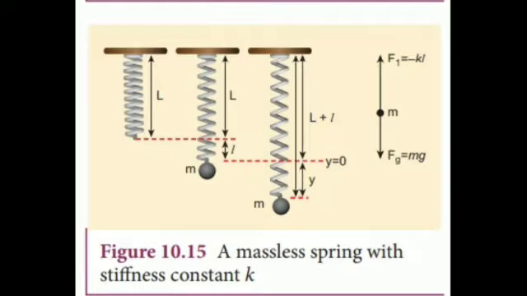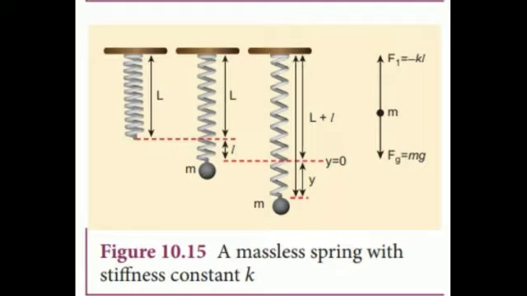Let F1 be the restoring force due to stretching of the spring. Due to mass m, the gravitational force acts vertically downward. We can draw the free body diagram for this. At equilibrium, F1 plus mg is equal to 0. Here F1 is the restoring force, and mg is the gravitational force.